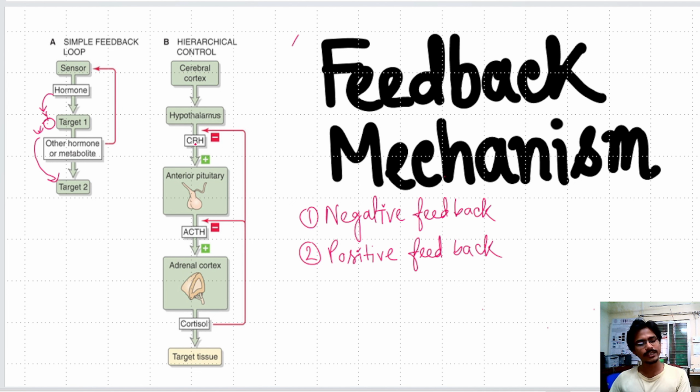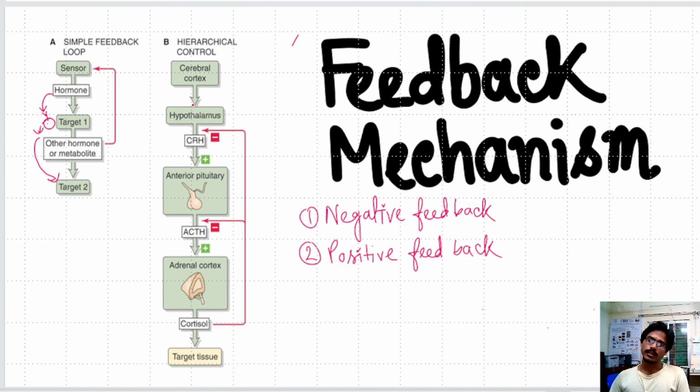The activated anterior pituitary releases ACTH, component B, which also stimulates the adrenal cortex, on the upper side of the kidney. ACTH comes through the blood, and the adrenal cortex is stimulated by the ACTH hormone. Then the adrenal cortex releases the cortisol hormone that can stimulate the target tissue.